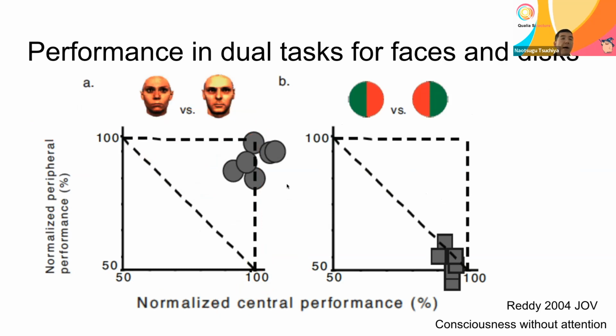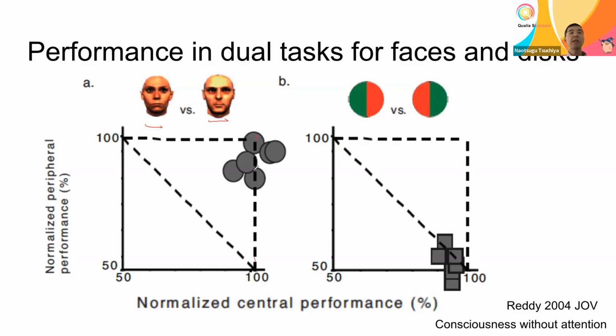And here is a quick recap of what we saw last week. If you do the central task of letter performance, then the face gender task, female versus male, as you can see from here, without hair it's very difficult to do, but its performance remains the same with or without the central task.